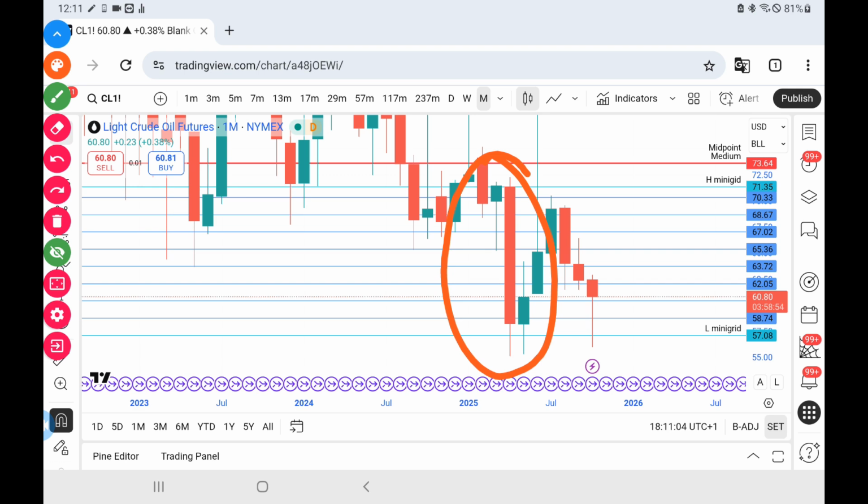The crude oil futures market is about speculation as well. What people think the price is going to be in the future is what drives what the price is at the moment. And that is incredibly difficult.